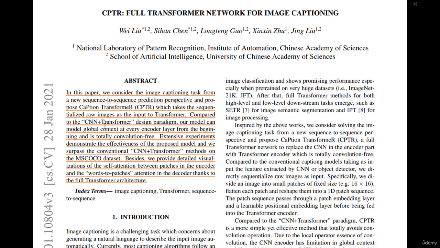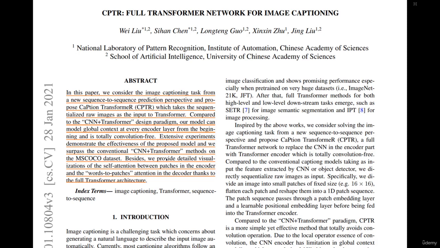This model can model global context at every encoder layer from the beginning and is totally convolution-free. Extensive experiments demonstrate the effectiveness of the proposed model, and it surpasses the conventional CNN transformer methods on the MS, that's Microsoft COCO dataset.